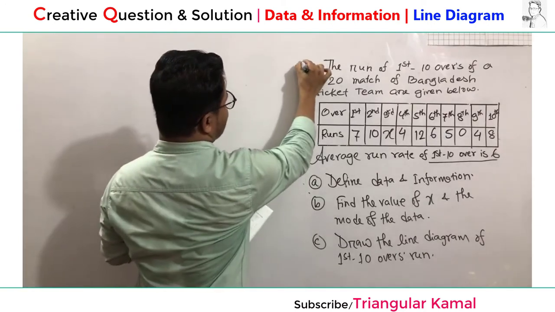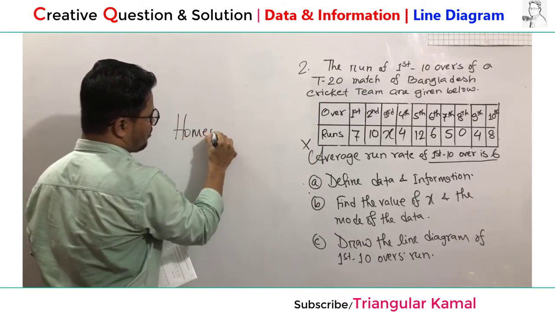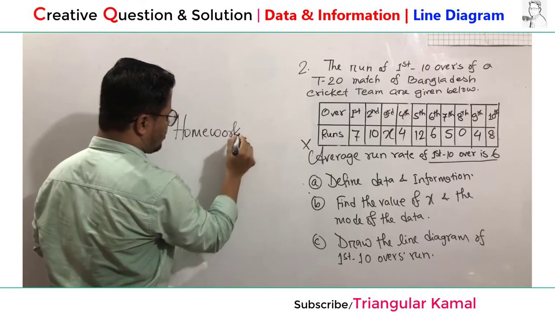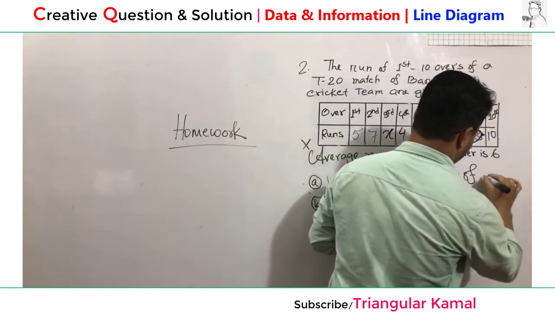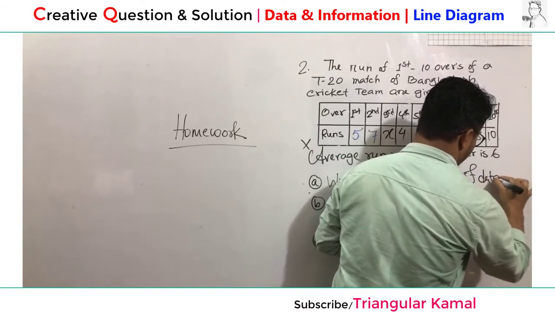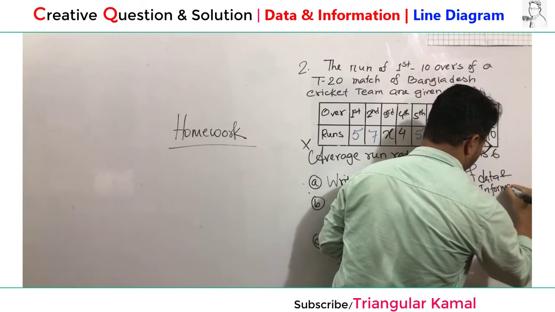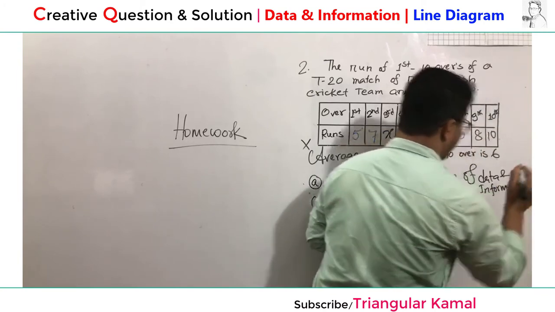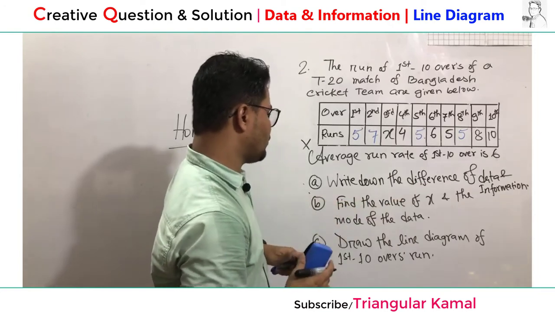Number 2, this is your homework. The question is: write down the difference of data and information.